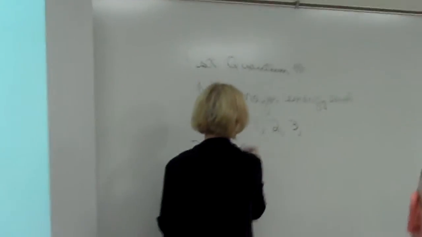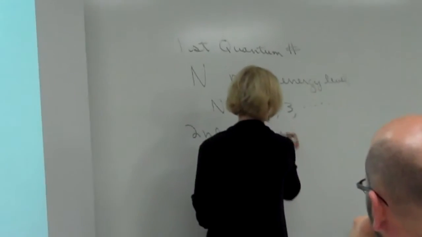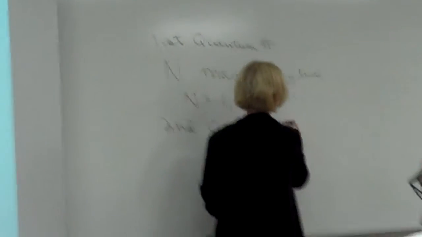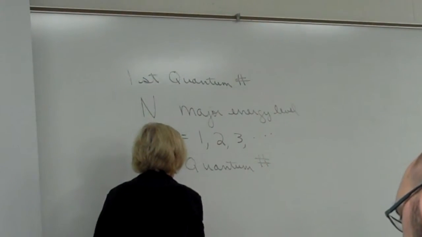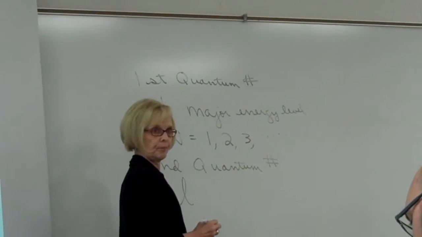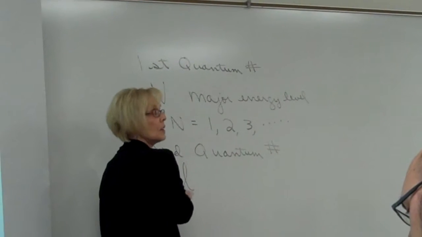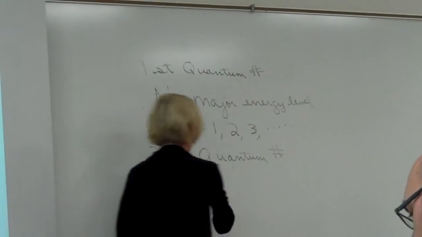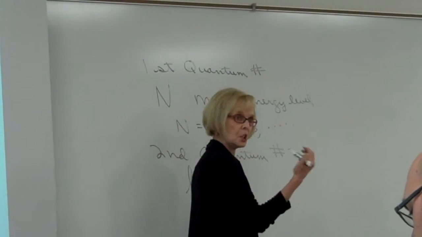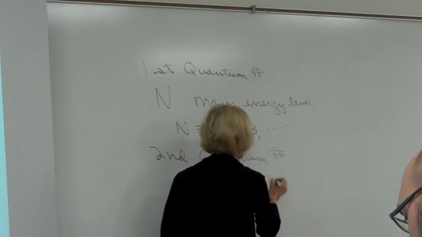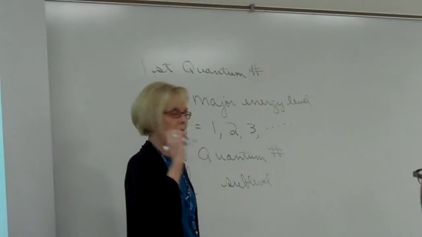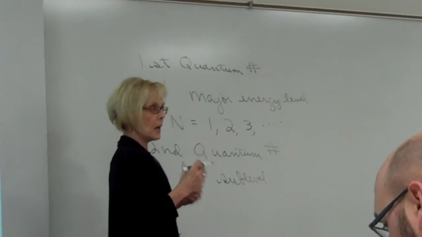Now let's look at the second quantum number. Okay, they designate it with the letter L, that lowercase l. And what that's going to tell us in code is the sublevel. Now, what are the allowable values?